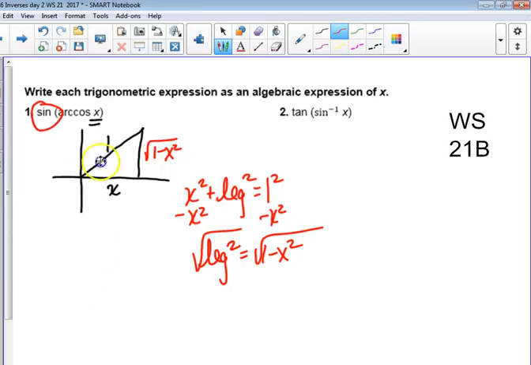Now they want the sine of that disaster. So sine is opposite over hypotenuse, so we get square root of 1 minus x squared over 1, which is just this. Yes, we're going to do one where you have to rationalize in just a second, okay?